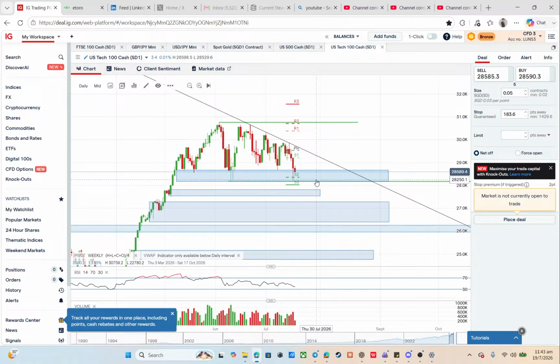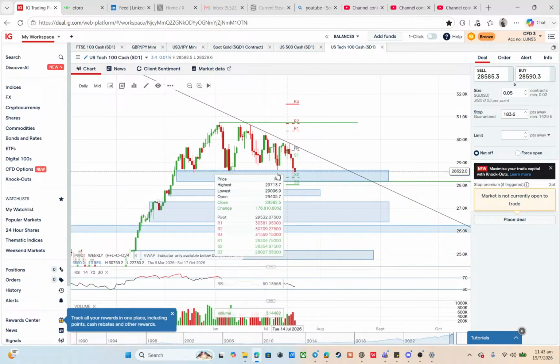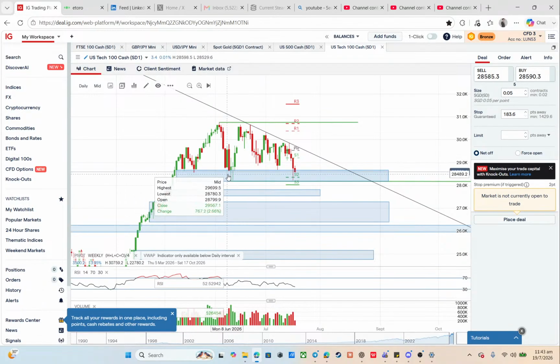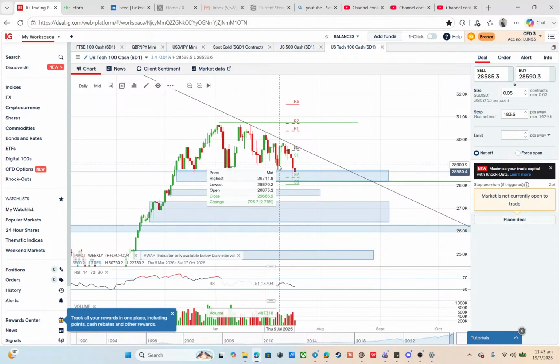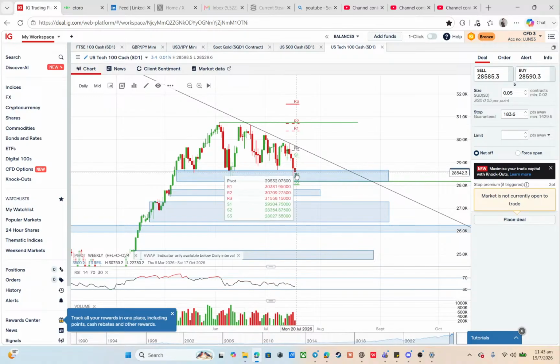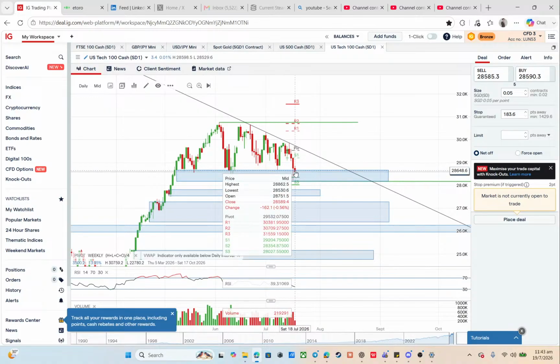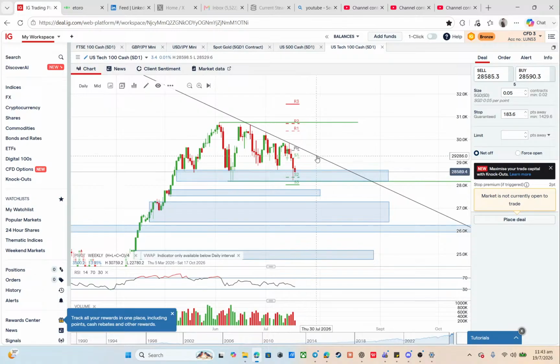The buyers seem to know that price is here and will be rebounding soon. It rebounds 1 time, 2 times, 3, 4th, 5th, 6th time, and this current daily is inside the buy interest.